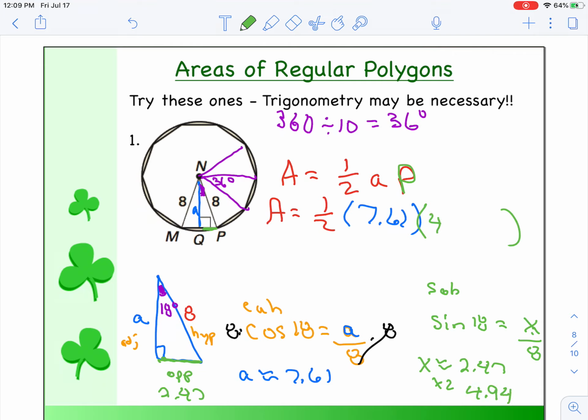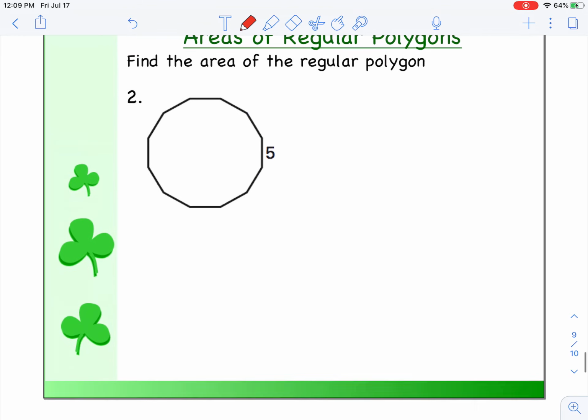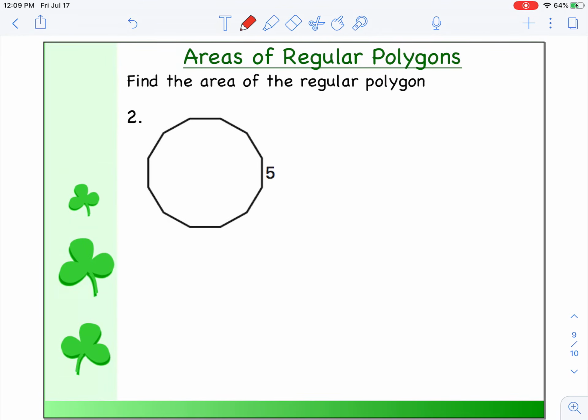So only that little piece though, so you have to multiply that by 2 to get the whole thing, which is 4.94. So now your perimeter is 4.94 times the number of sides, 10. So now you found all of the things you need, so you can find the area is approximately 187.97 units squared.